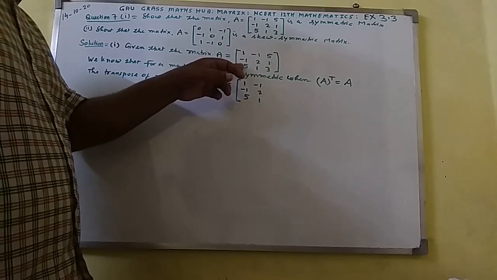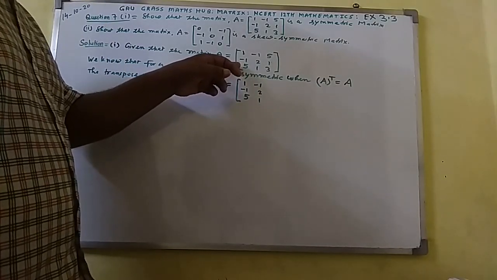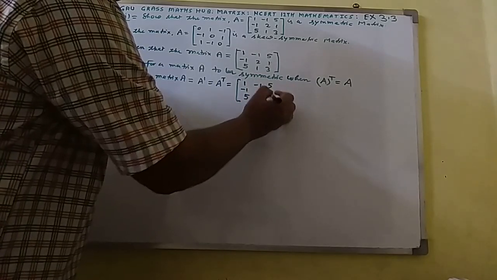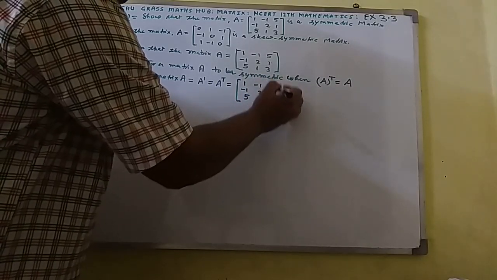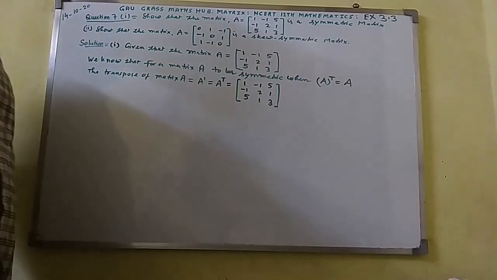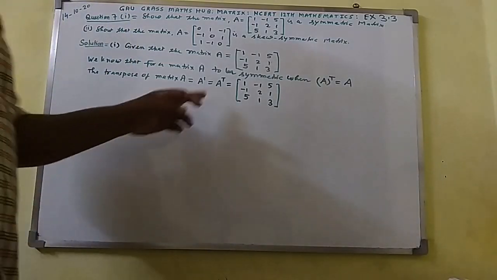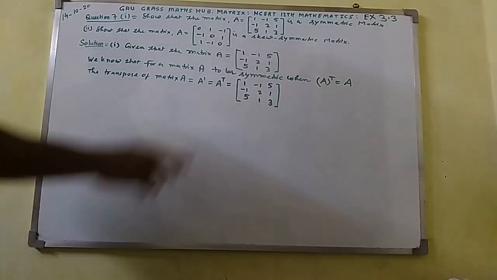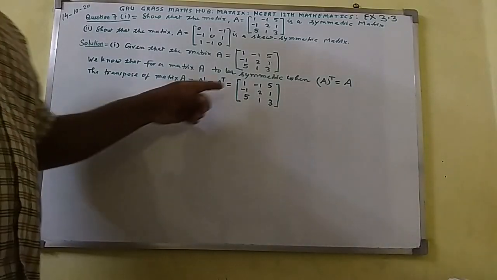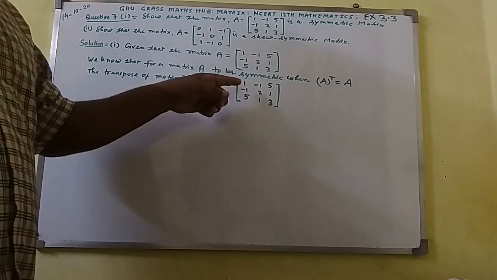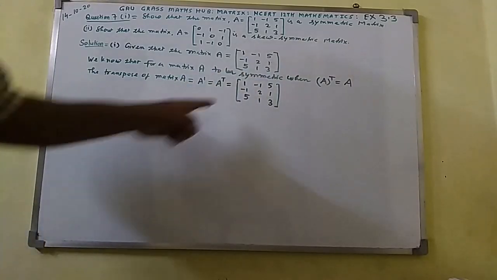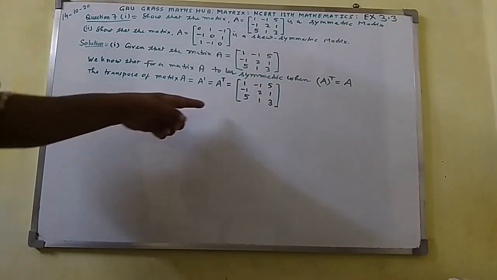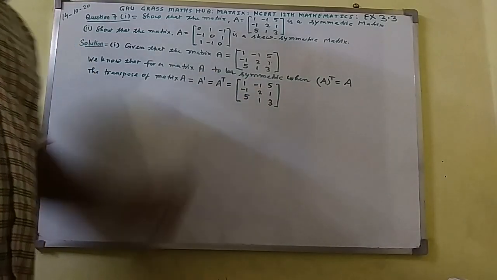The third row will be converted into third column, so here I shall write 5 1 3. The transpose of the matrix A equal to opening of square bracket, 1 minus 1 5, minus 1 2 1, 5 1 3.